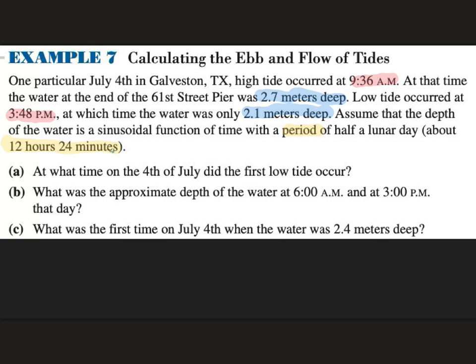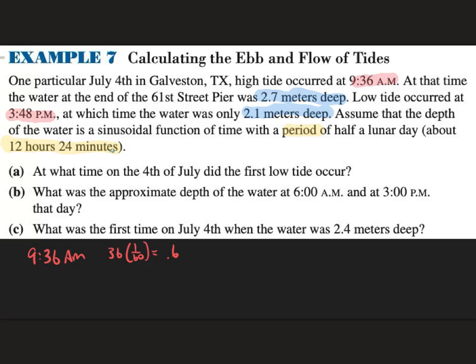So the first thing we want to do is look at our time. So we have 9:36. Was high tide. And then we take our 36 and we multiply it by 1/60. And that is going to give us 0.6.